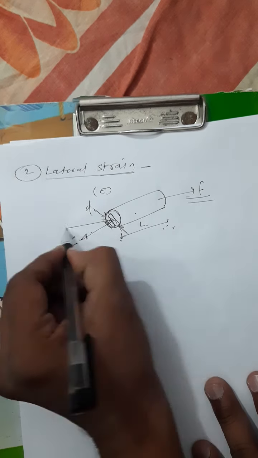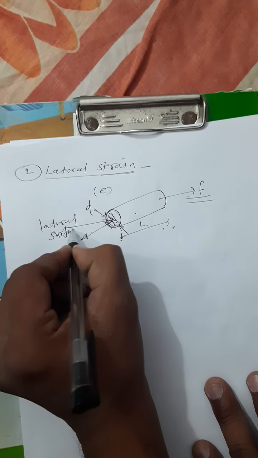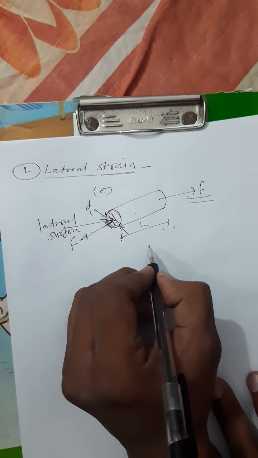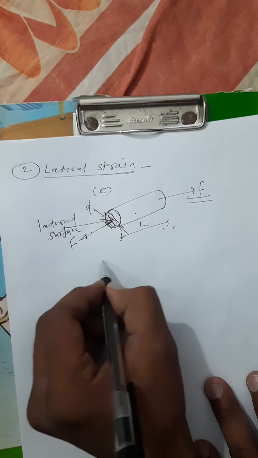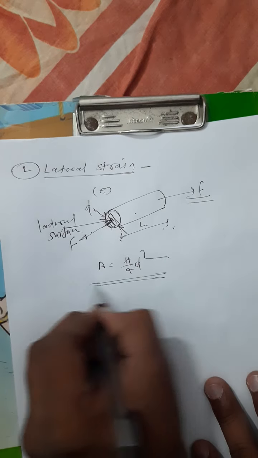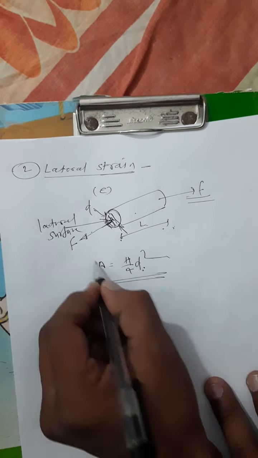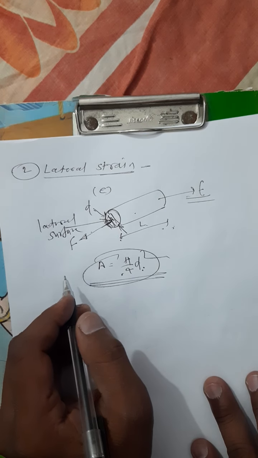Are you getting it? So this is the lateral surface, you know very well. This circular surface is the lateral surface. What is the area? Pi by 4 d square. So this area changes, it gets deformed due to application of this force.